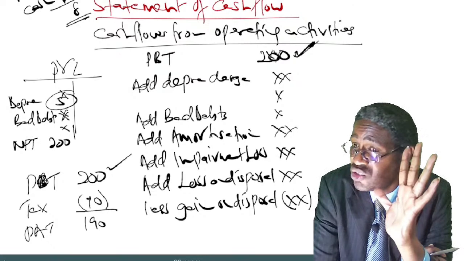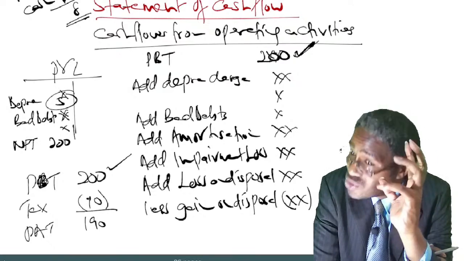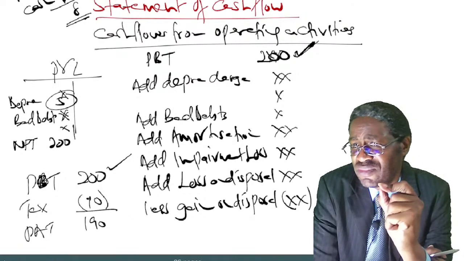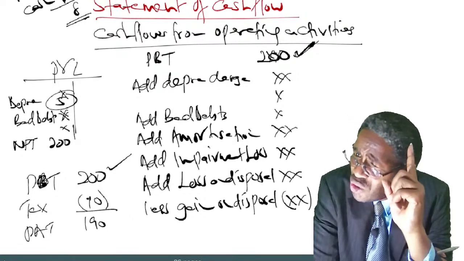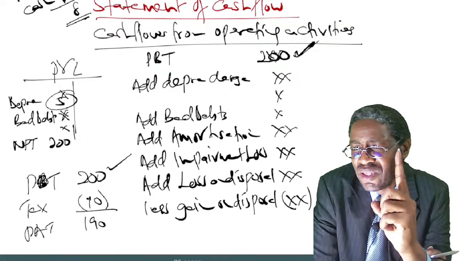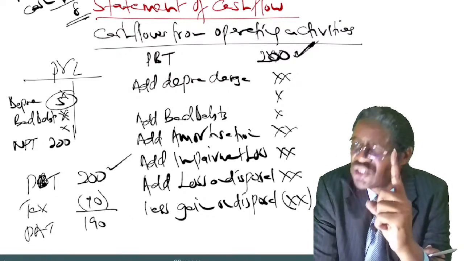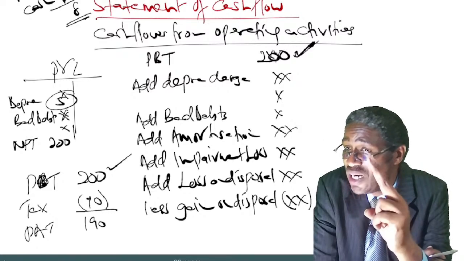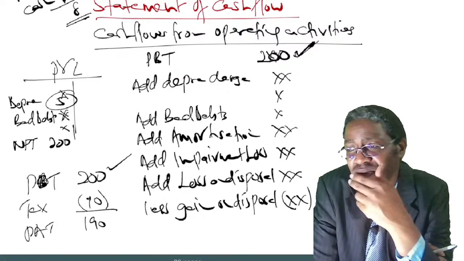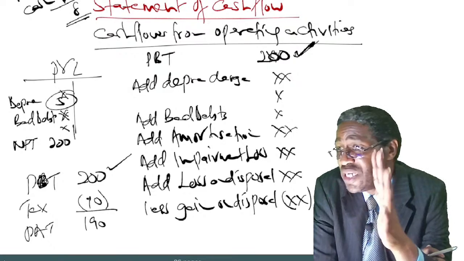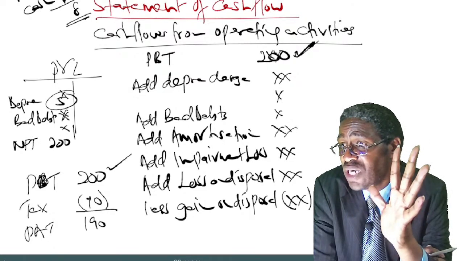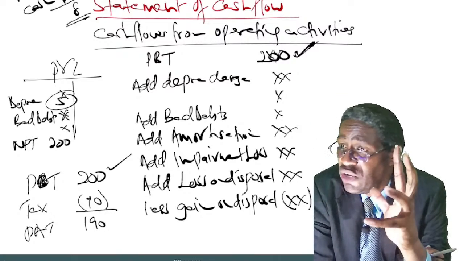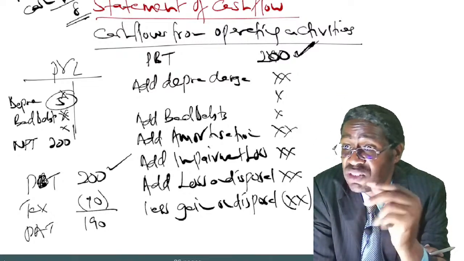Yet you have not given it to me. Investment income is not a non-cash item. Caleb? No. Investment income is something you received. It's a cash item.